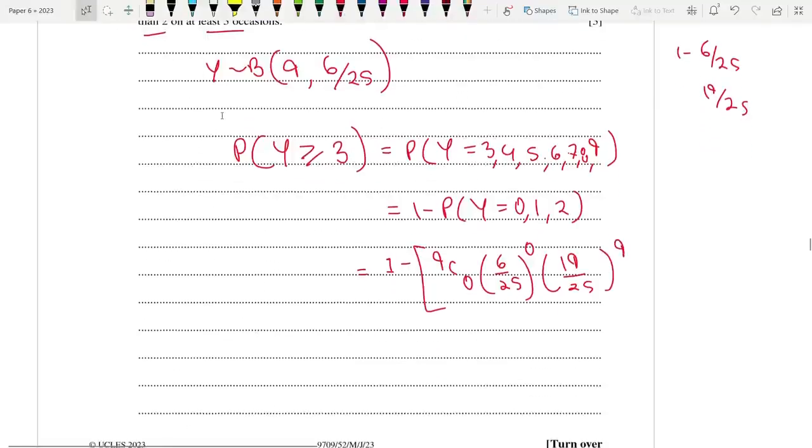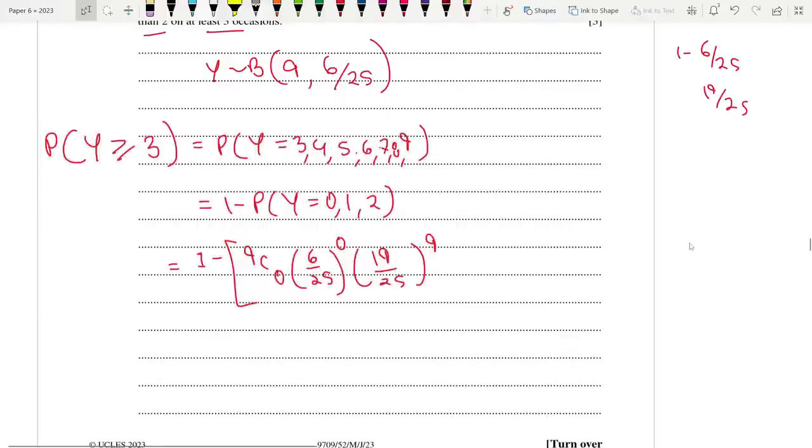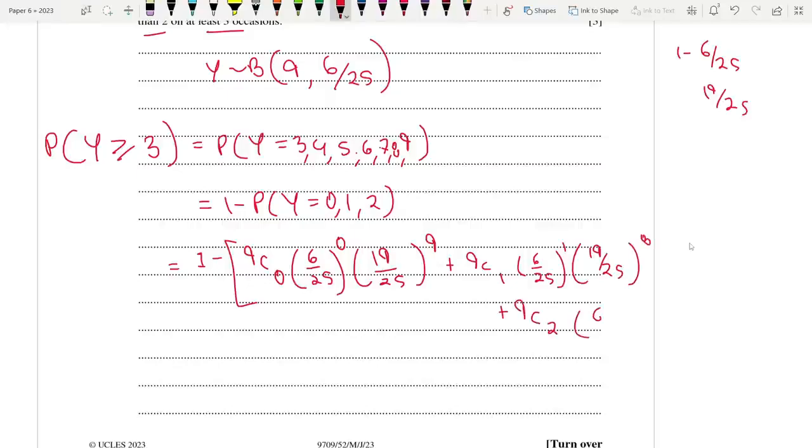Then what else do we have? Plus 9C1, 6 by 25 to the power 1, 19 by 25 to the power 8, plus 9C2, 6 by 25 squared, 19 by 25 to the power 7.